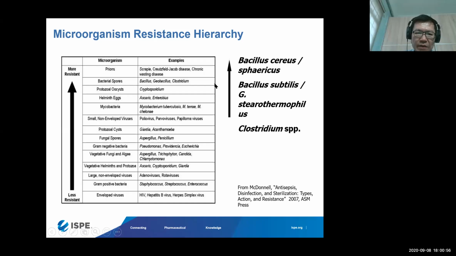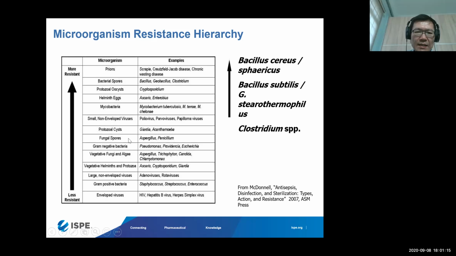Those are very effective against the spores. If you have disinfectants, phenols or the quats, they cover up to mycobacteria only, so they are not very effective against the spores. That's why you don't test the disinfectants against the Bacillus spores.